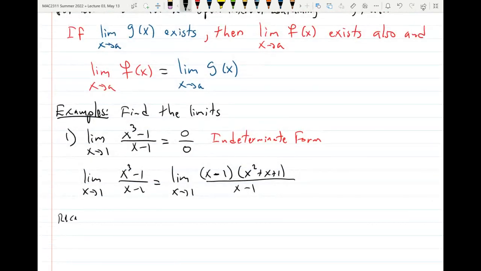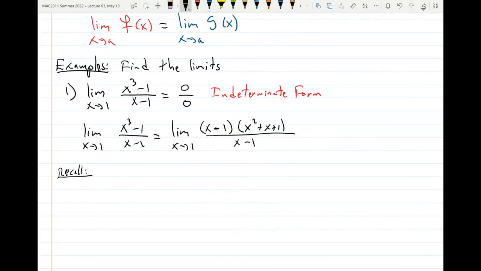So recall, if you have a cubed minus b cubed, this is equal to a minus b, and then a squared plus ab plus b squared. That's the difference of cubes.